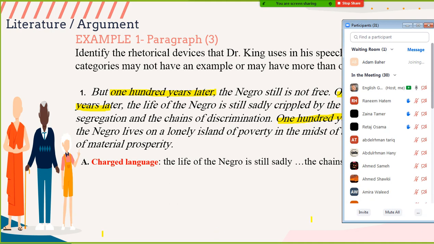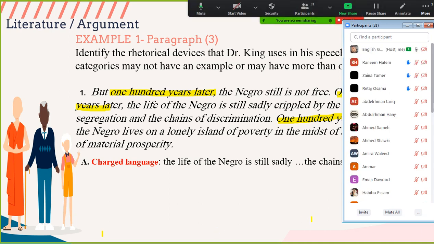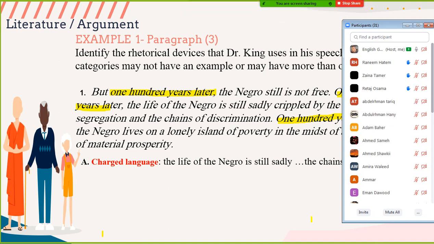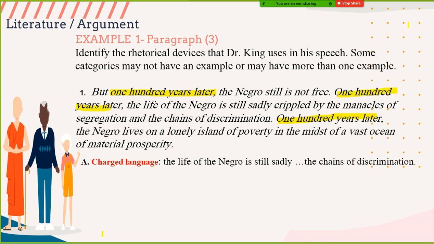Ahmed Sameh, where are you? Ahmed Shawqi, Hassan. Ammar, Adam. Yes, miss. Okay, do you have an answer? Analogy? What comparison did he make here in this passage? Can you answer? Yes or no?